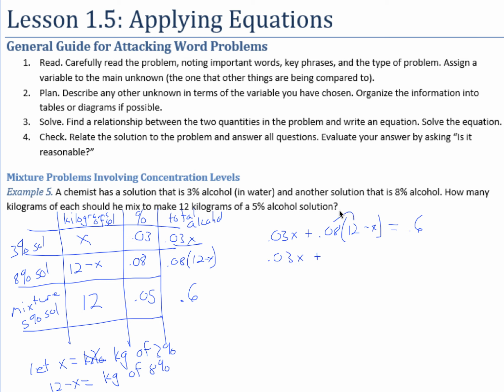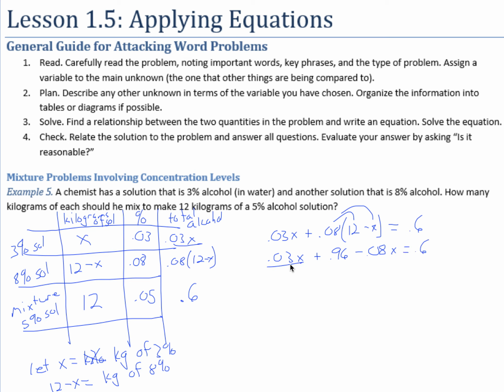We can distribute: 0.08 times 12 is 0.96, and minus 0.08x equals 0.6.